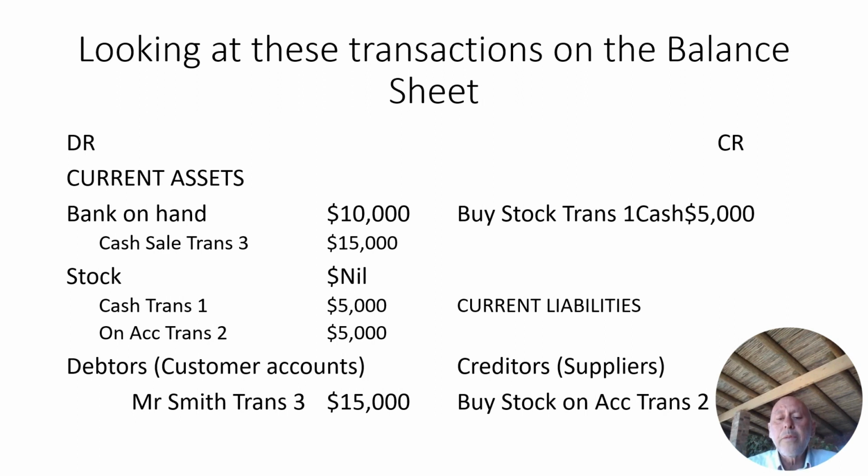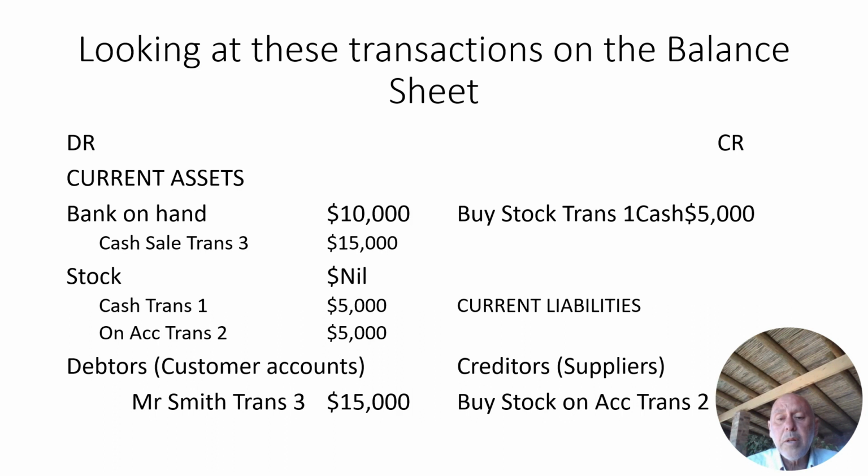Okay, then the third transaction that we created, again, ignore the sales side of the transaction, is I've just created now my debtors, customer accounts in other words, and I've brought through Mr. Smith that third transaction, $15,000. He owes us that $15,000. All right, so that's very simply, I'm just trying to explain to you how transactions actually affect your balance sheet.